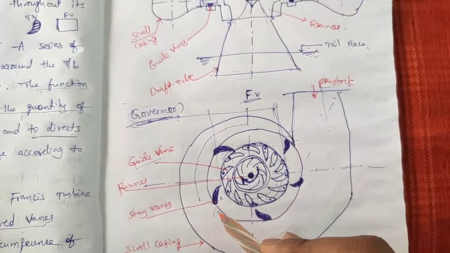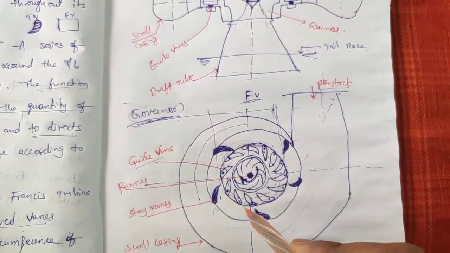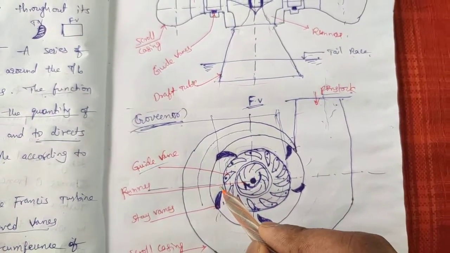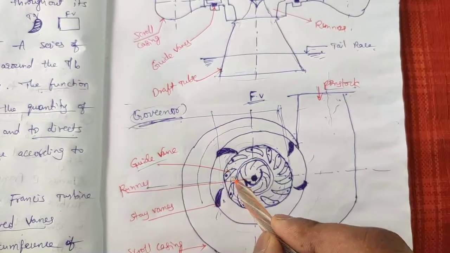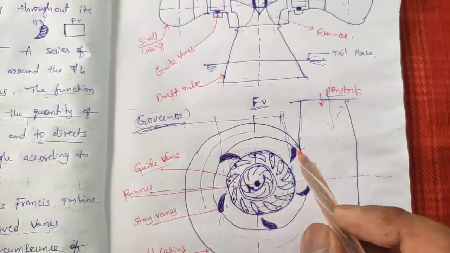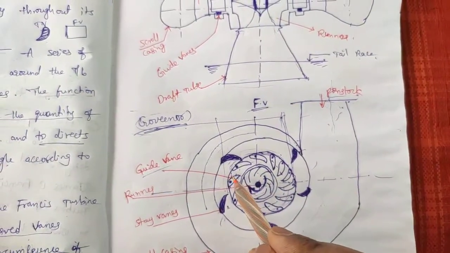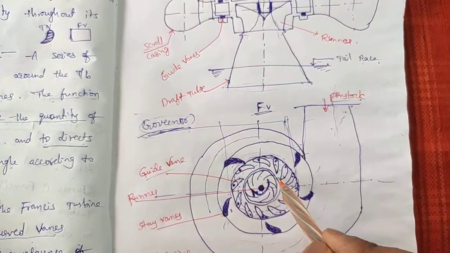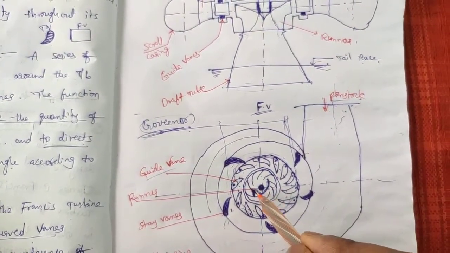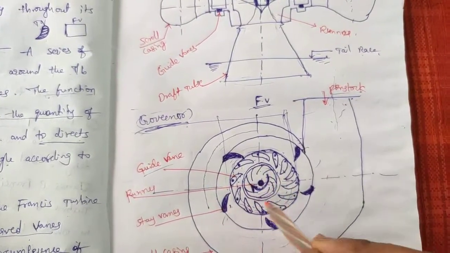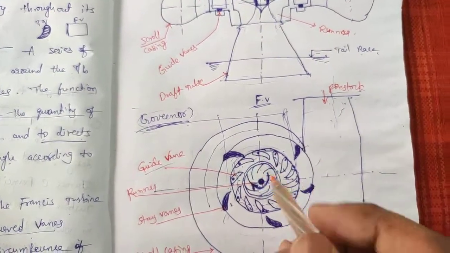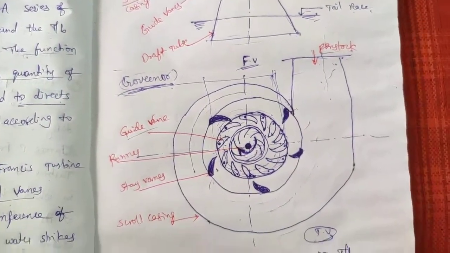Water then enters the guide vanes. These guide vanes direct the water to the runner and send a large quantity of water to it. Due to this reaction of water, the runner rotates. The runner is connected to the shaft, and the shaft is connected to the generator, thereby we produce electricity.